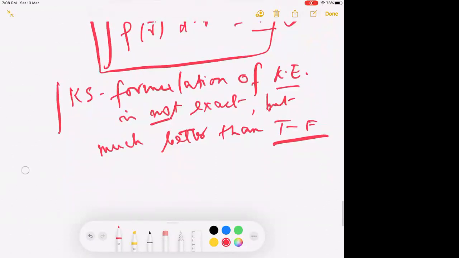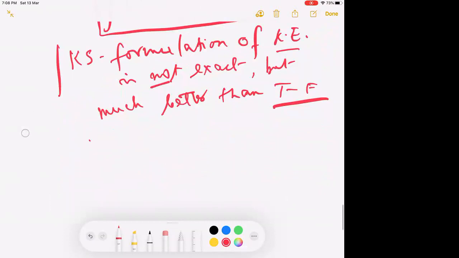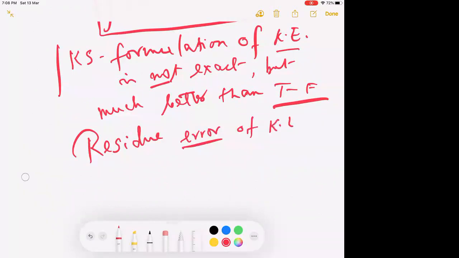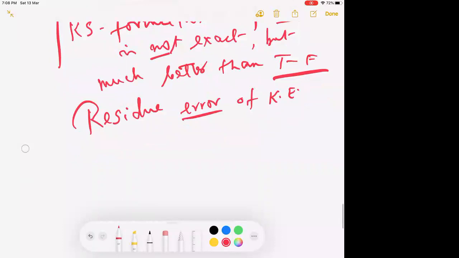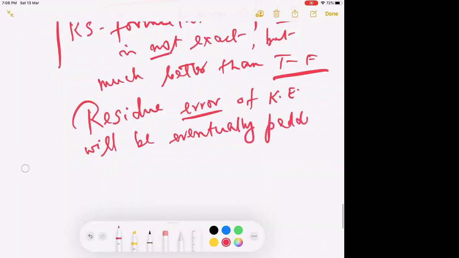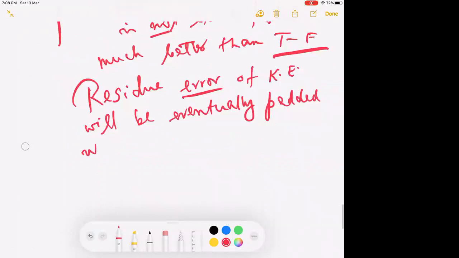So there is still a residue error. So there is a residue error of the kinetic energy that will eventually be padded up in the EXC.